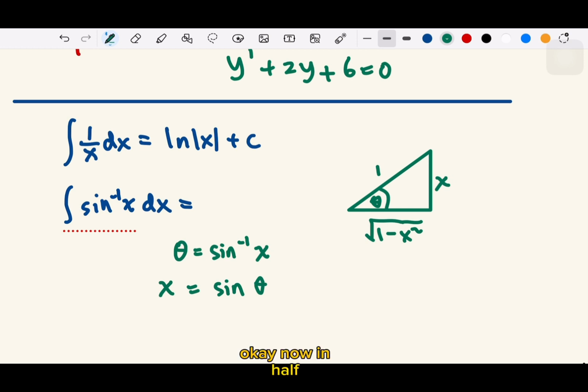Now, we need to have good calculus here. So we differentiate because we want to know what the derivative of that is.